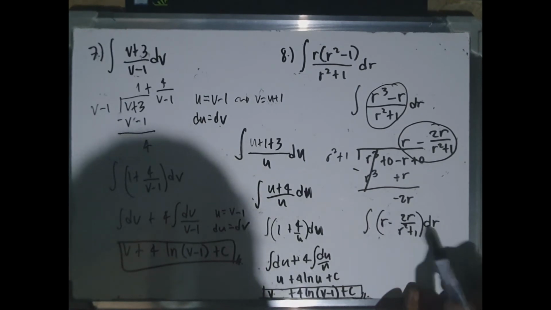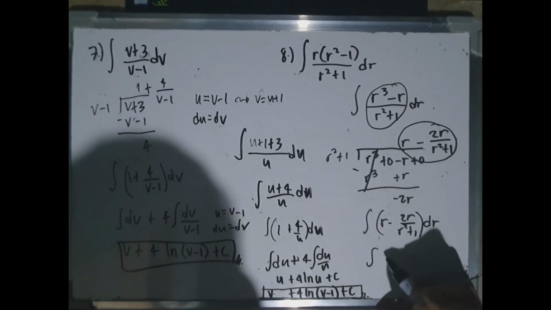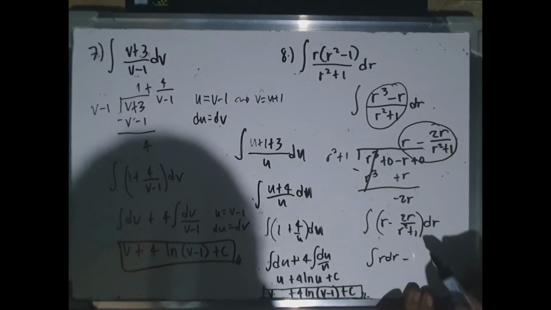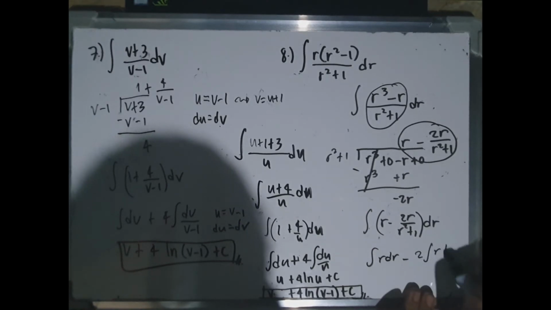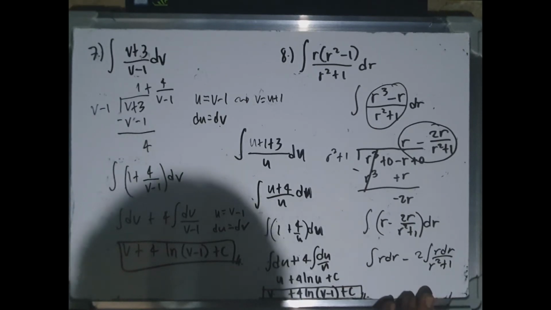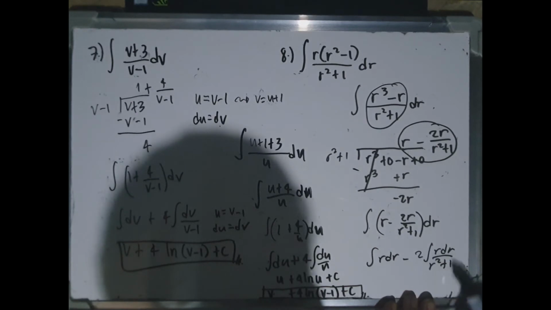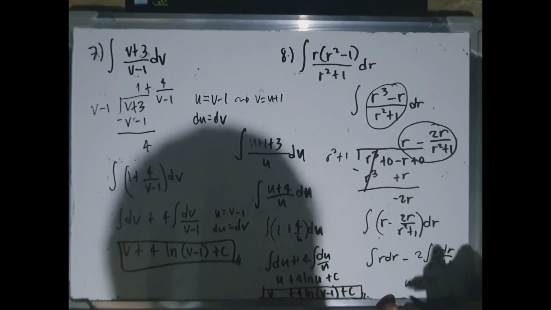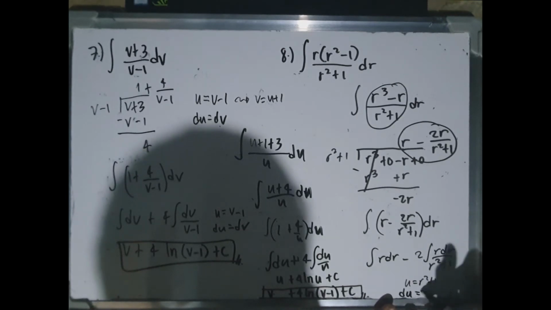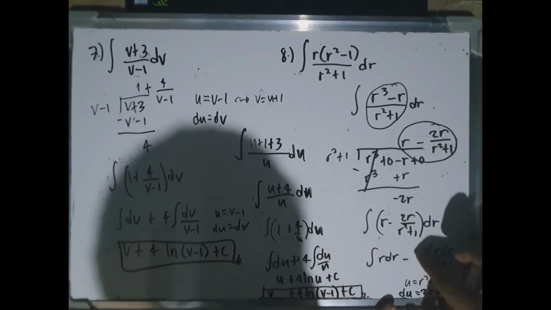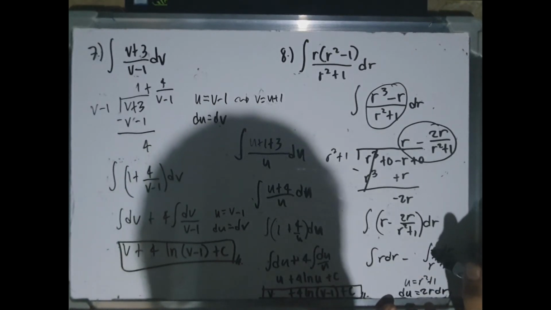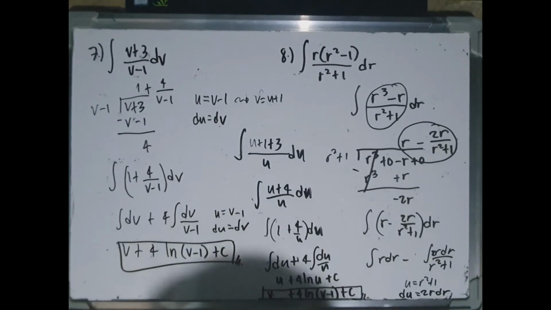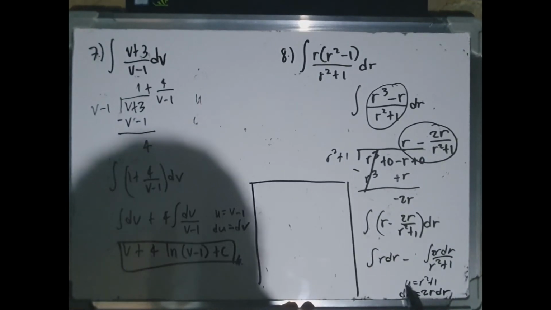Okay, distributing our integral symbol, integral of r dr minus 2 integral of r dr over r squared plus 1. Now notice, if we choose the denominator r squared plus 1 as the u, the du will be 2r dr. So let's write the 2 inside, with u as the denominator and du as the numerator.